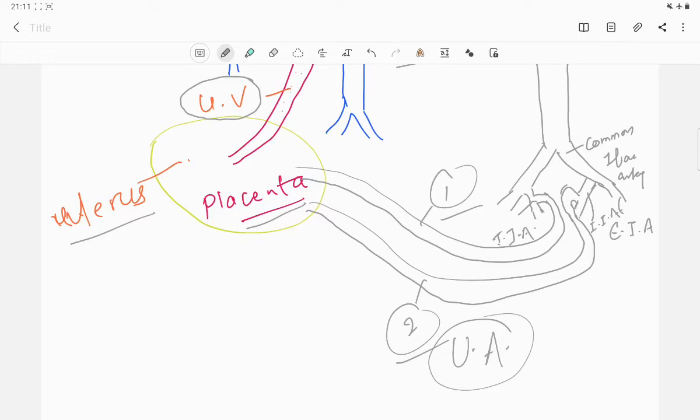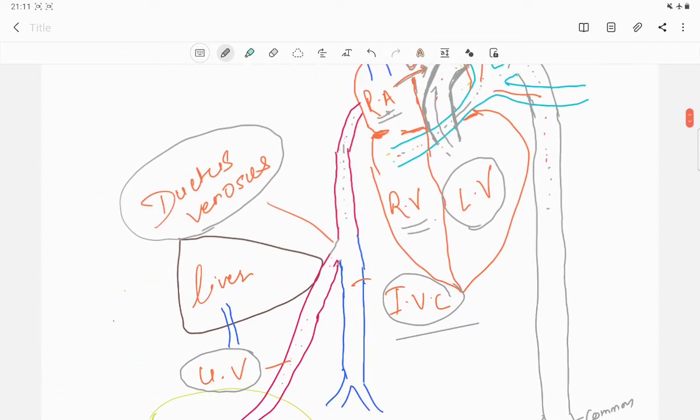In this way, oxygenated blood from the mother's circulation comes into the fetus and provides nutrients and oxygen to different tissues, and while draining it drains via the umbilical artery back into the mother's circulation.